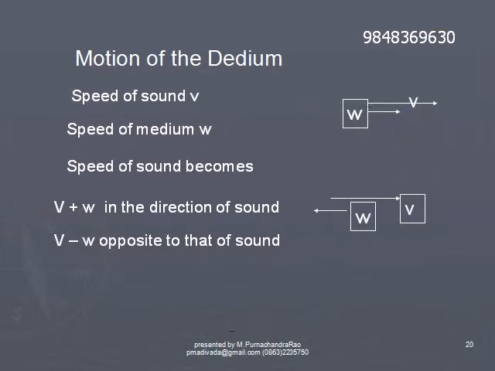If the medium is moving opposite to the direction of motion of the sound, then the speed of sound becomes v minus w. So v minus w will be the effective speed of sound if the motion of the medium is opposite to that of the sound. If the motion of the medium is in the direction of the sound wave, then the effective speed will be v plus w.